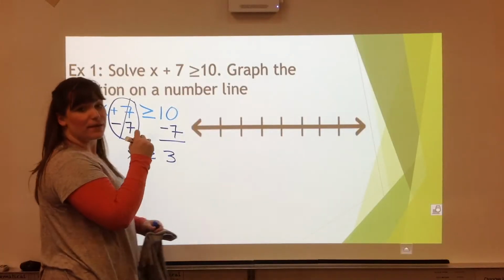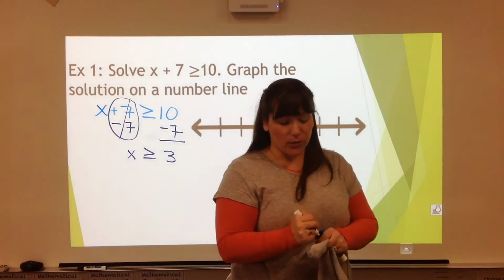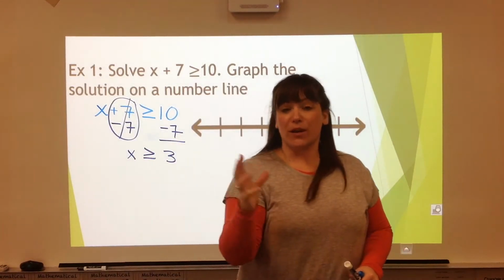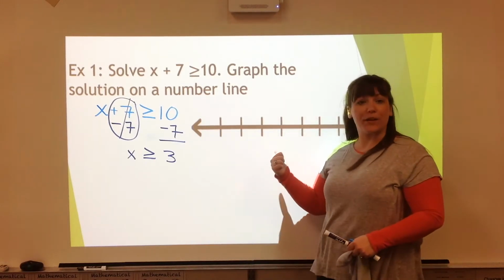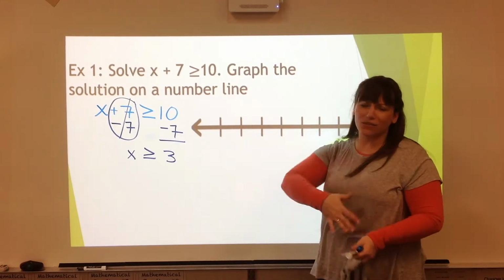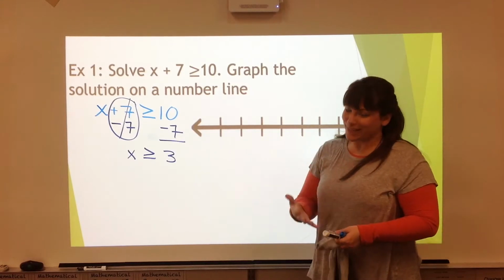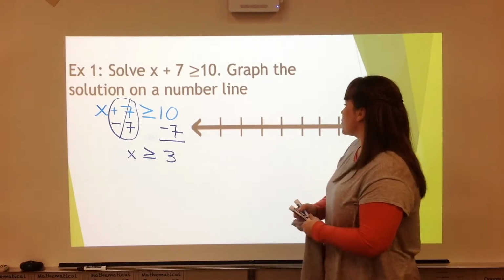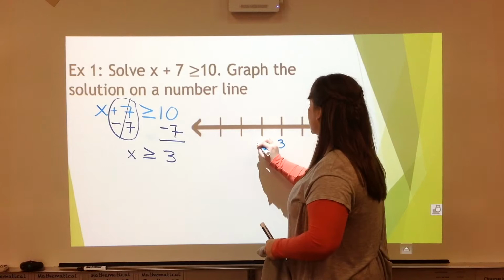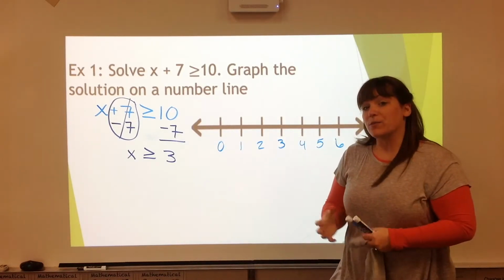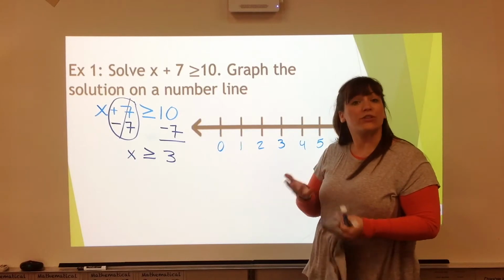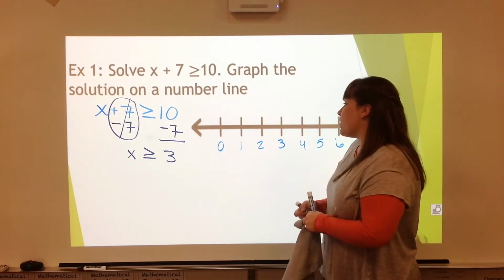Once we have that inequality where we have a variable being greater than or equal to a number, then we can come over here to our number line and do exactly what we did in the previous lesson. We're going to graph it. Starting with our numbers, we're going to put a 3, 2, 1, fill them in. And now we're going to practice that open circle versus closed circle way of graphing.